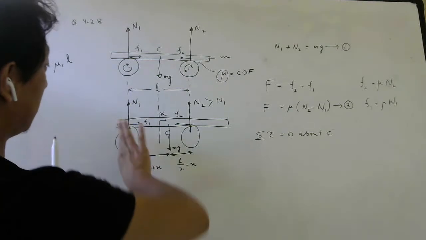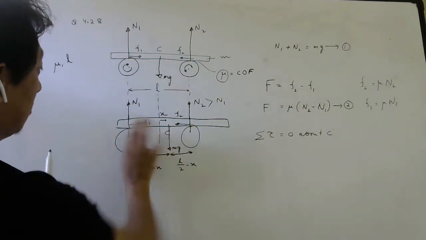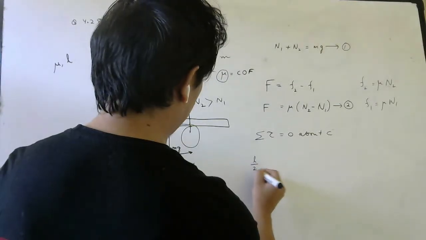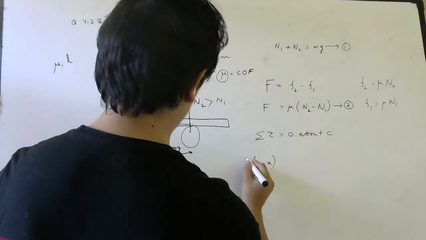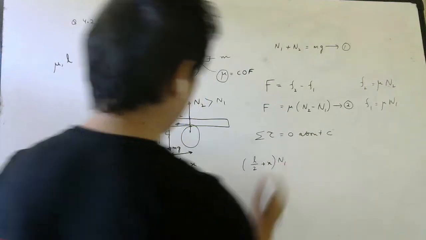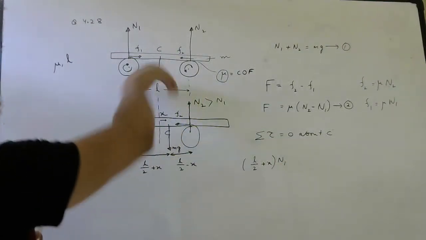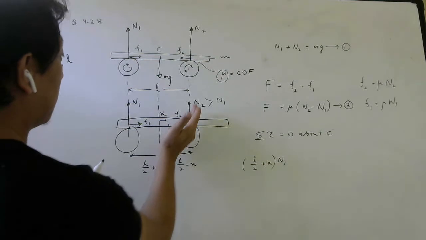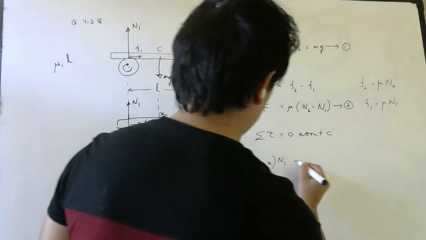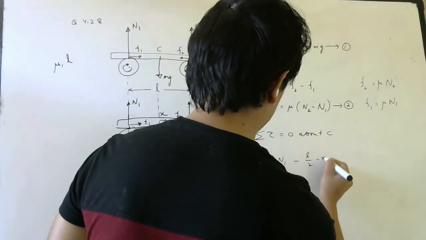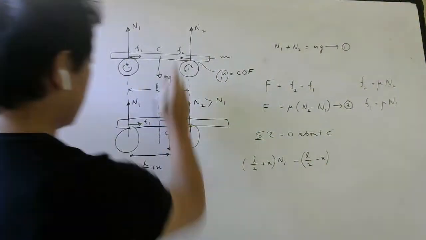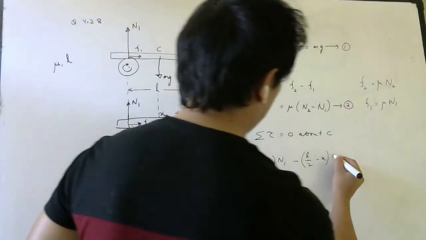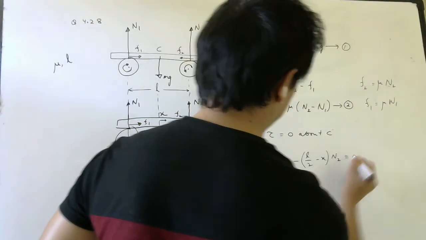N1 will create a torque this way, right? So this is R perpendicular, this is N1. So the torque due to N1 will be R perpendicular, which is L by 2 plus x, into N1. This will create a torque this way. What about this N2? N2 will try to create a torque this way. So minus, L by 2 minus x is the R perpendicular for this force about the center of mass, into N2. So that should be 0.